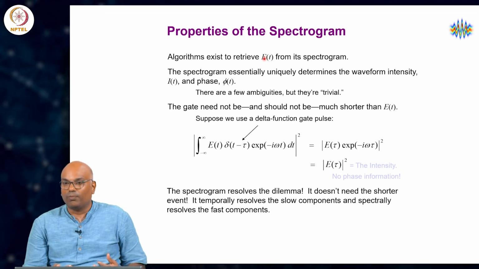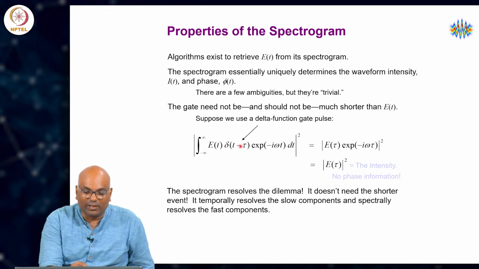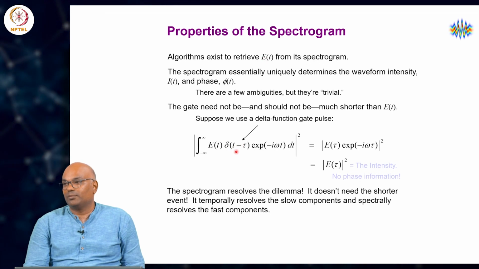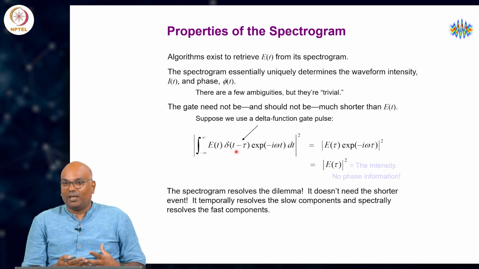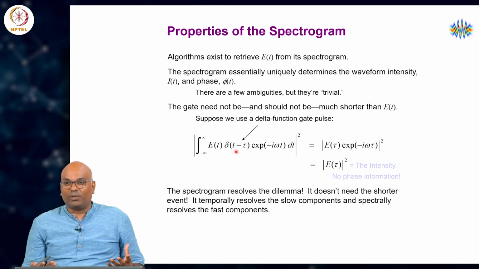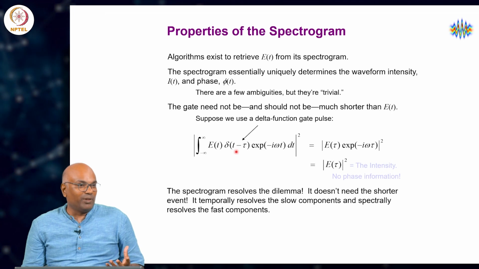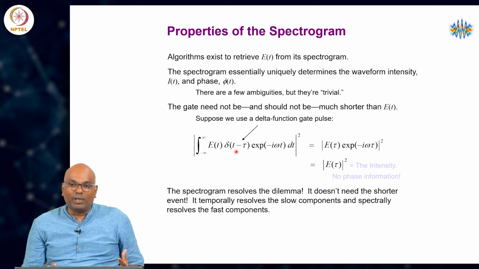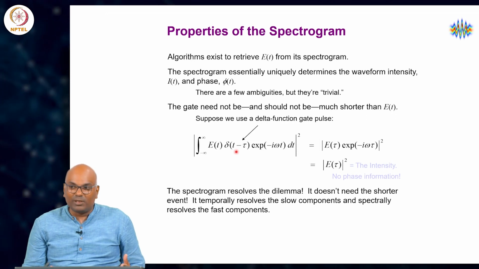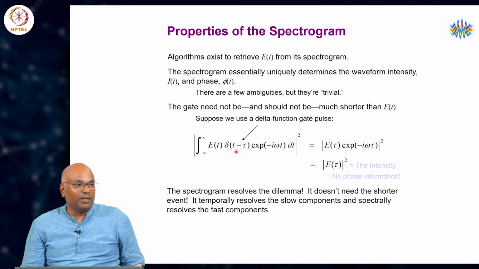So, it is true. For us, the problem is going to be how do we get the gate and do this. We have just the pulse itself. Where is the shorter gate? I have oversold the idea of the spectrogram to you, or I am overselling it maybe, but unless we find the gate, it is just a very nice mathematical theorem to prove and maybe publish at some point. There is no further applicability in real life.